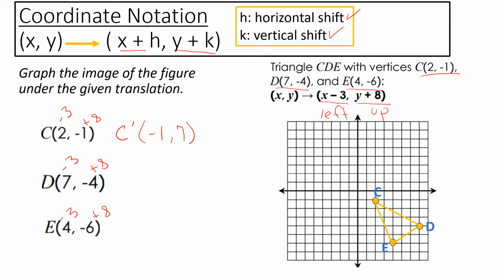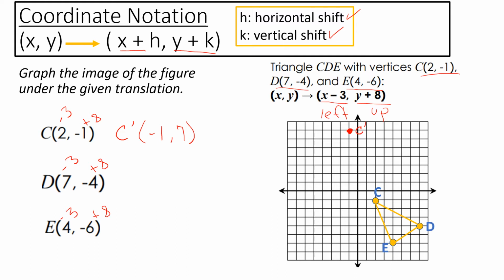I'm going to go ahead and plot that. Start at 0 on our coordinate grid, back 1, or to the left 1, and up 7: 1, 2, 3, 4, 5, 6, 7. I'm going to plot that point there and label it C prime.